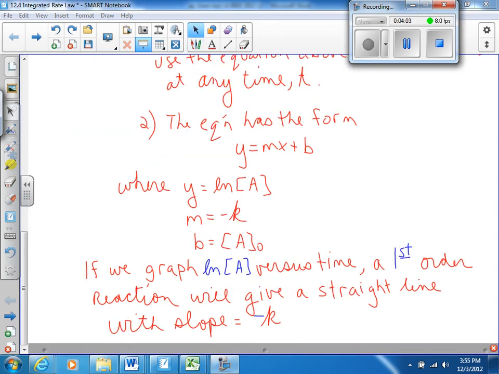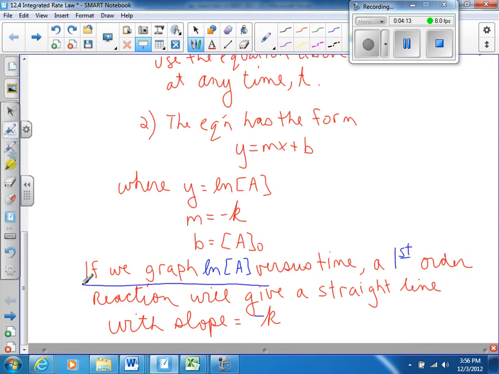Now this gives us a way to determine, if we have experimental data, whether a reaction is first order, because right here we can graph ln[A] versus time. And if the reaction's first order, we will get a straight line.